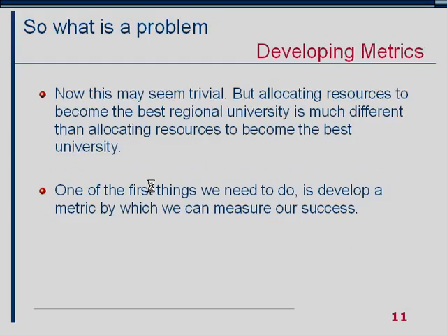Perhaps you shouldn't allocate your resources to focus so much on research or journal publications or conference proceedings. Perhaps becoming the best regional university in the country means that you focus on a specific region, or you focus on teaching. Maybe you look at improving your teaching evaluations of your professors, or you look at reducing class sizes or number of faculty.